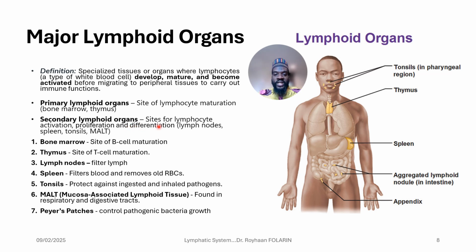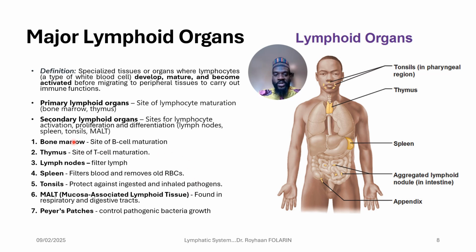While those other lymphoid organs which act as sites for the proliferation, differentiation and activation of already matured lymphocytes are referred to as the secondary lymphoid organs, and these include the spleen, the tonsils, the MALT, that is the mucosa-associated lymphoid tissues, and the Peyer's patches, all of which we will come to in a while.